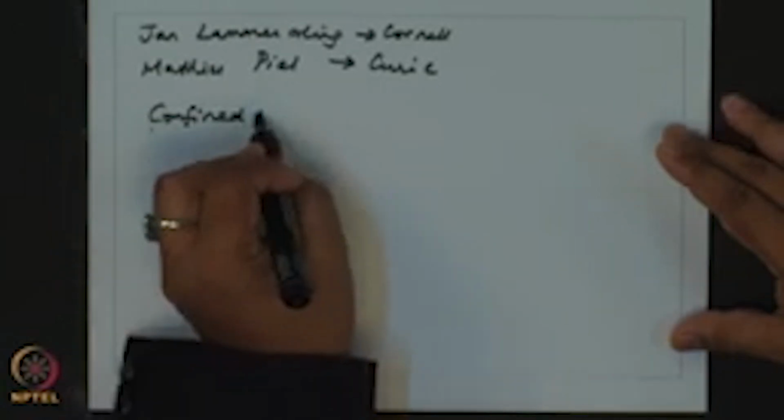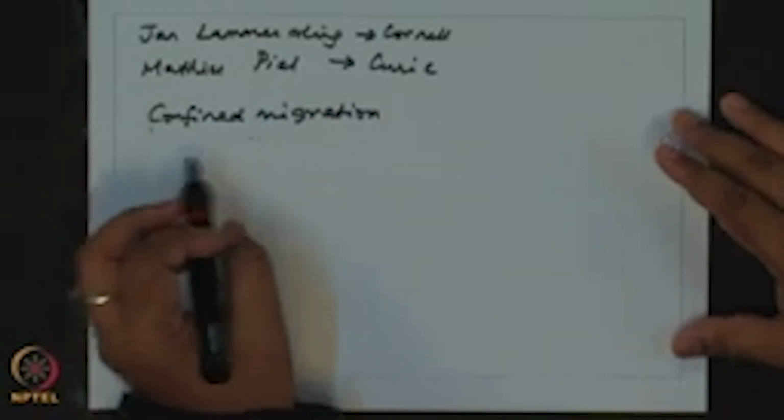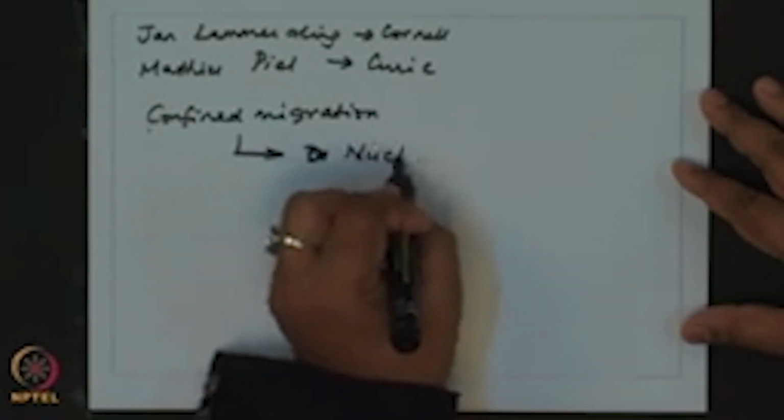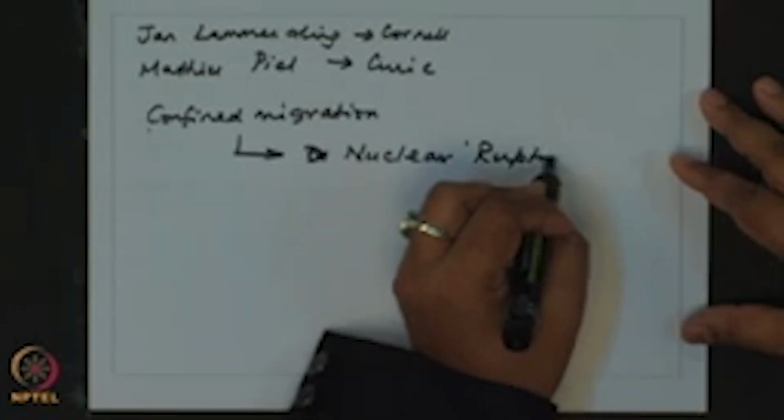What they showed is that when you have confined migration, you can have a lot of nuclear rupture events. How did they prove it?